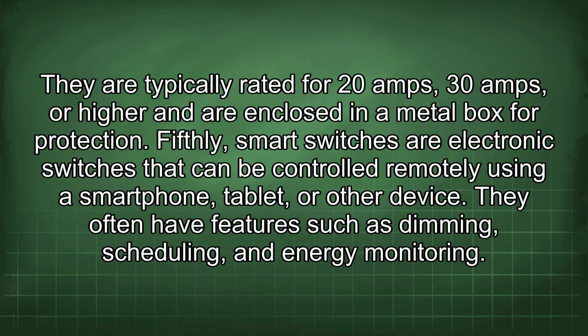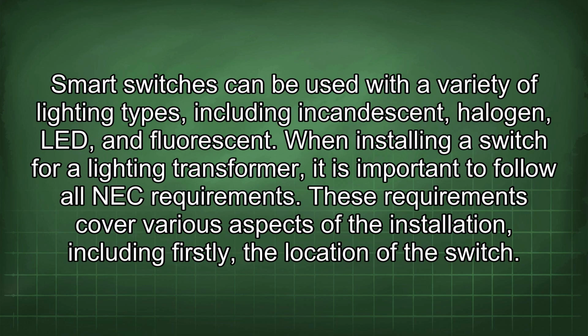Fifthly, smart switches are electronic switches that can be controlled remotely using a smartphone, tablet, or other device. They often have features such as dimming, scheduling, and energy monitoring. Smart switches can be used with a variety of lighting types, including incandescent, halogen, LED, and fluorescent.